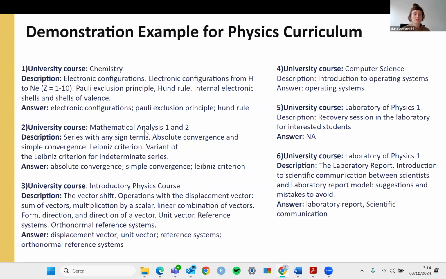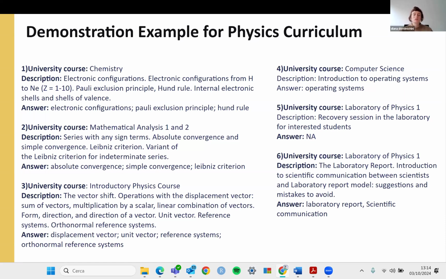Okay, we selected the demonstration examples in order to cover all the types of courses. We selected mathematical courses, some physics courses, more focused physics courses about laboratory work, but also theoretical courses. And then, as you can see, we also selected some side courses, such as computer science and chemistry courses. This gives a broad example to the LLM.